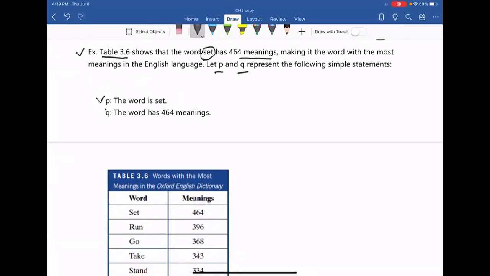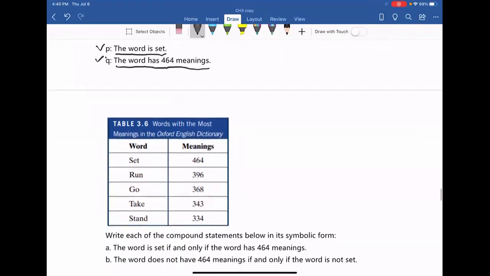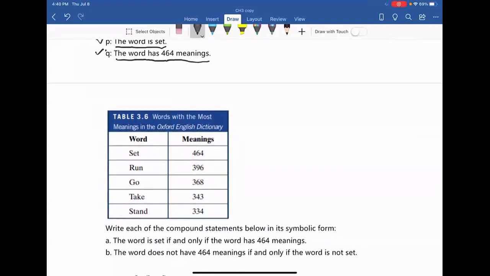P is the word is set. Q is the word has 464 meanings. So here is a table showing you that set has 464 meanings and other words have many meanings.